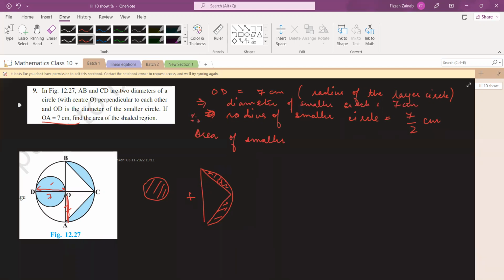And therefore the radius will become 7 by 2. This way you can write. Now the area of the small circle, that you know, is pi r square. So 22 by 7 into the radius, which is now 7 by 2. So 7 by 2 into 7 by 2. We can simplify, one 7 cancels out. So then you have 11 into 7, which is 77 by 2 centimeter square.